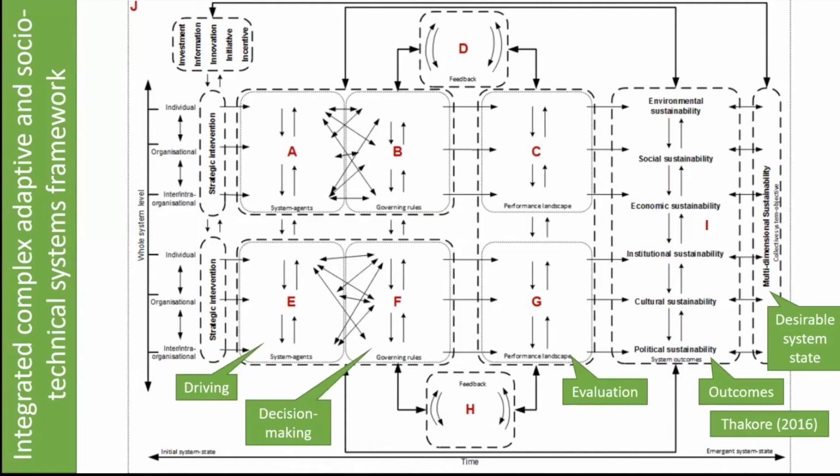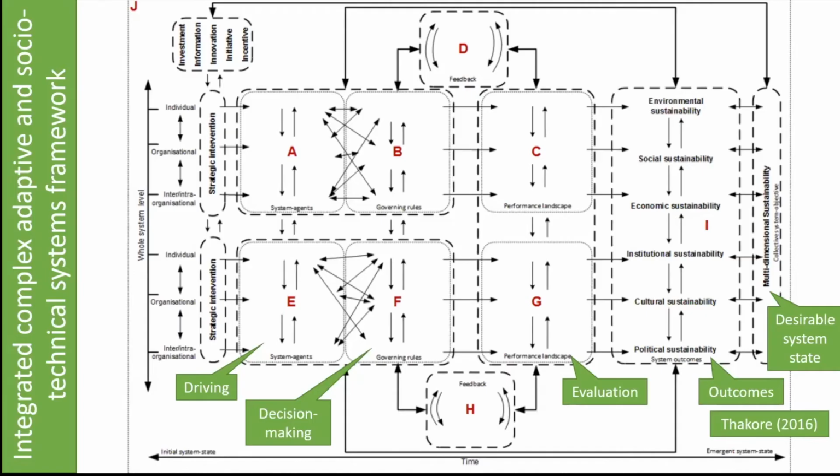Secondly, we have the properties of CAS, where you can see system agents like boxes A and E are in the system agents boxes, and the system agents work there. They do all their actions, or have roles and responsibilities, depending on the governing rules, which are in boxes B and F. And their performance is captured.